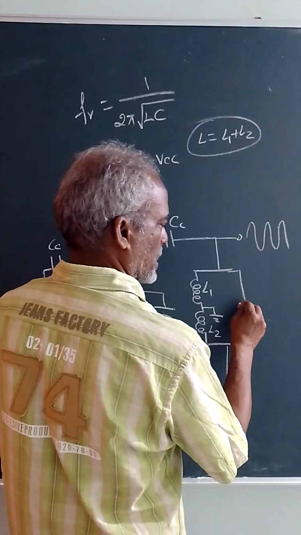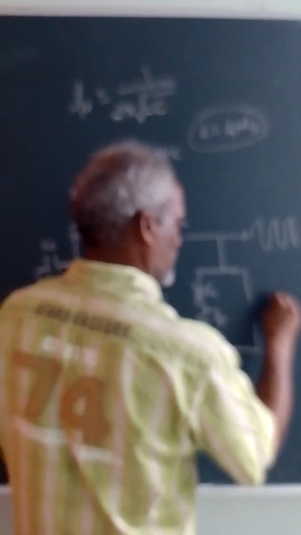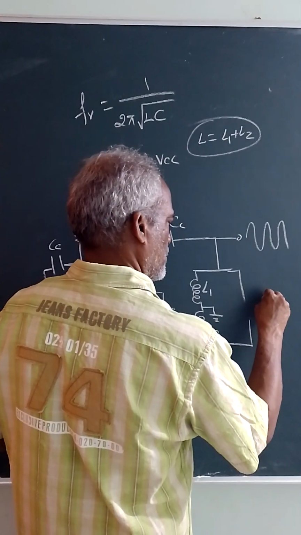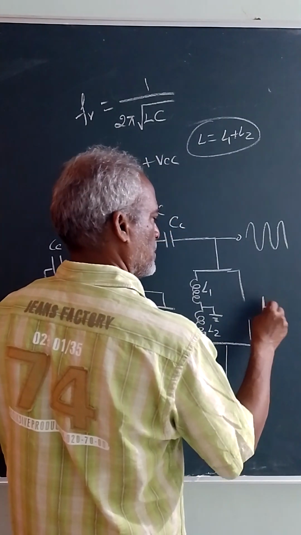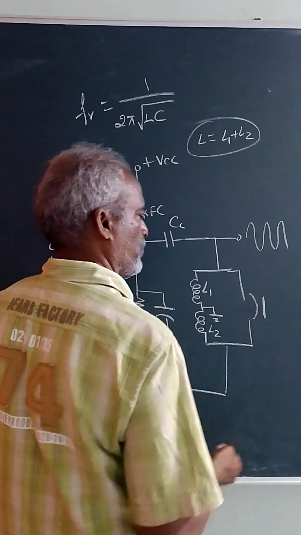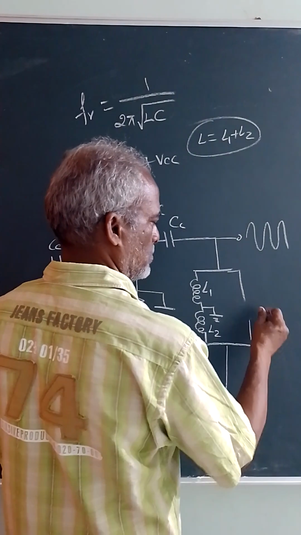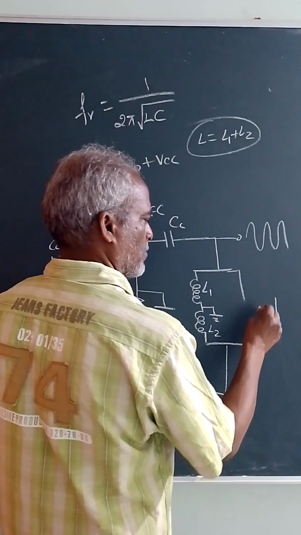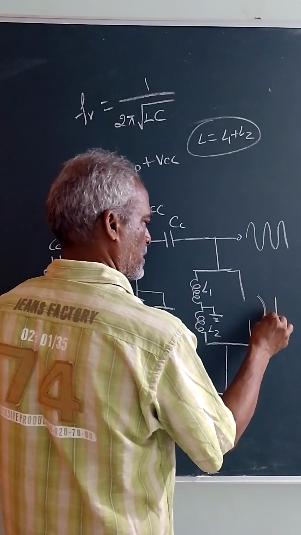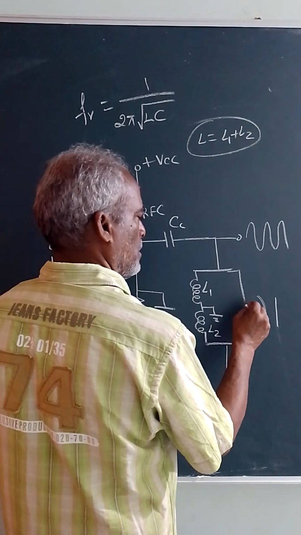So you all know that a condenser microphone will have a fixed plate and a movable plate.